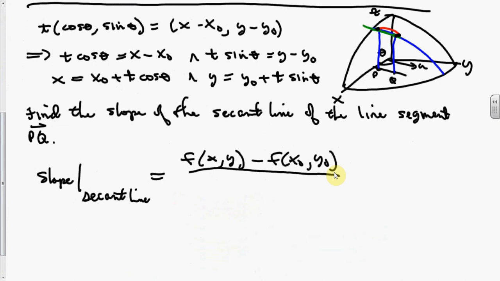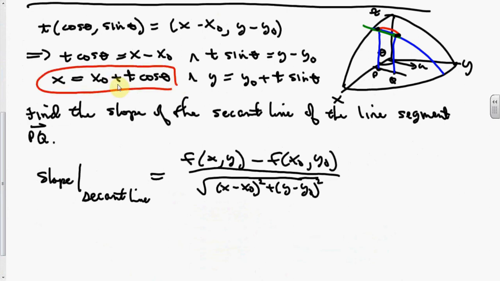This distance formula just gives us the square root of x minus x naught squared plus y minus y naught squared. But we said that x is x naught plus t cosine theta, and y is y naught plus t sine theta.